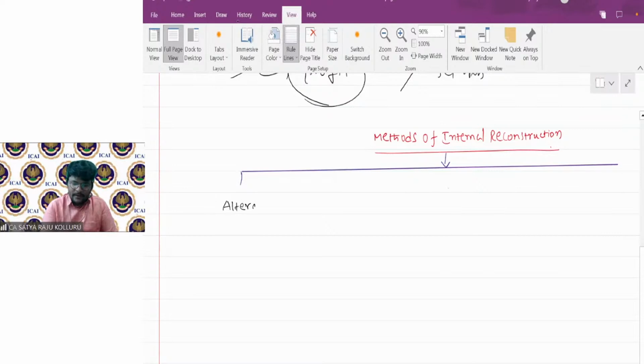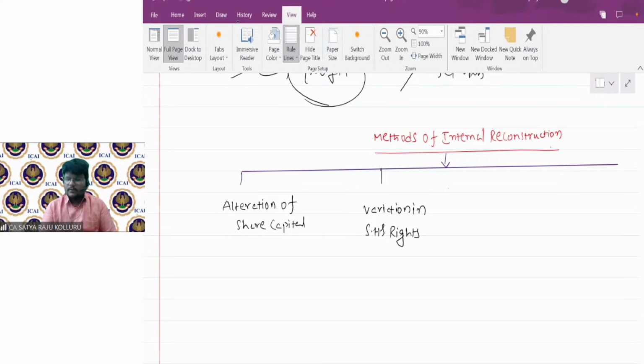Alteration of share capital is one method. Variation in shareholders' rights is another method. Reduction of share capital.